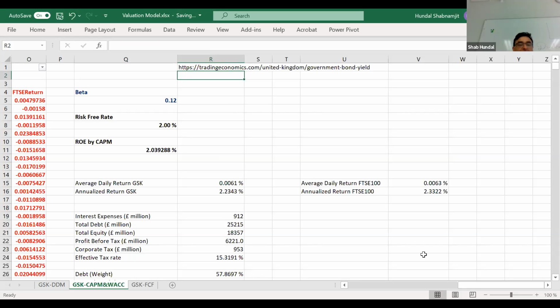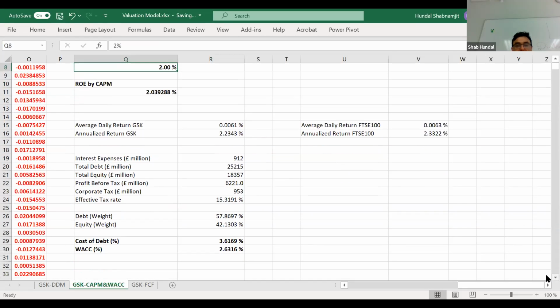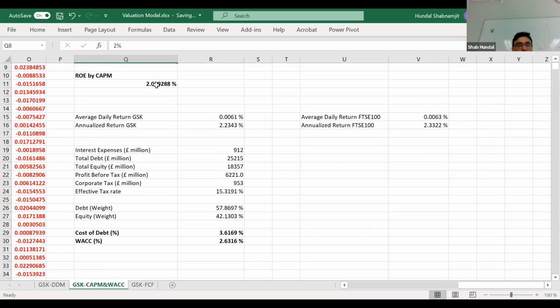So it's approximately 2%, the risk-free rate. The risk-free rate is basically the 10-year bond rate. Then I calculate, I'll come to this 2.04. Remember this 2.04? This is exactly the 2.04 which I'm talking about, but I will show this calculation a bit later.